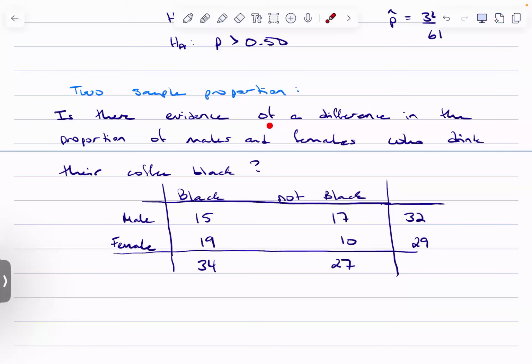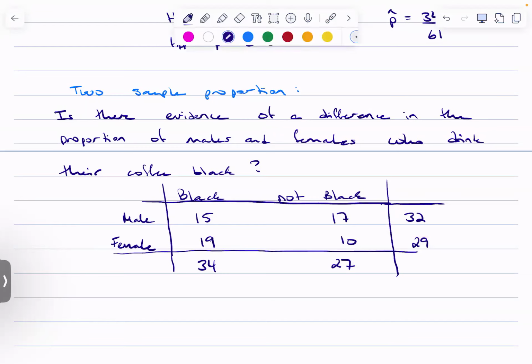Is there evidence of a difference in the proportion of males and females who drink their coffee black? Okay, and so out of the males, what proportion drinks their coffee black? And out of the females, what proportion drinks their coffee black? Right?